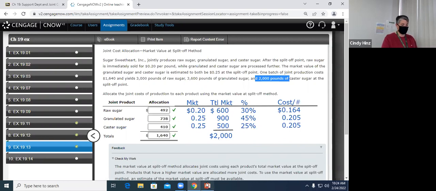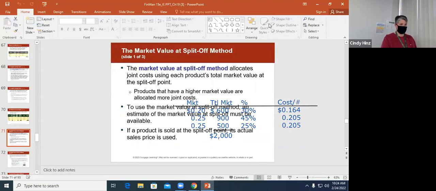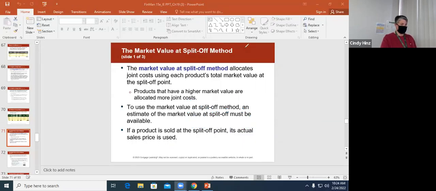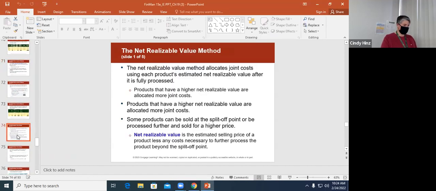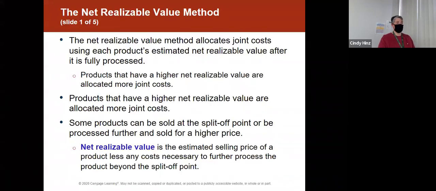We'll go to our final method. Oops, let me get the blue stuff off the screen. Okay, we'll go to our final method. There it is. So the net realizable value is our final method and our final exercise to finish up this chapter.